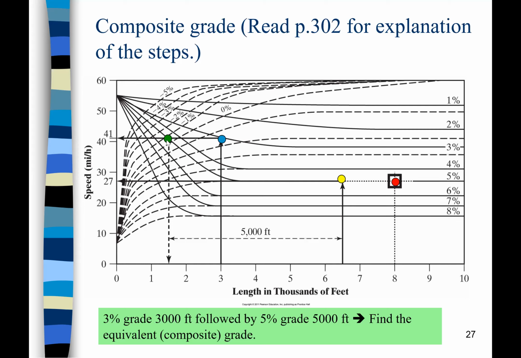At 41 miles per hour, it starts from here and intersects here. Then go a little further for another 5,000 feet to your right. So the total is 8,000 feet now. So it stopped here. That means at the end of 8,000 feet, the speed of this truck is 27 miles per hour.